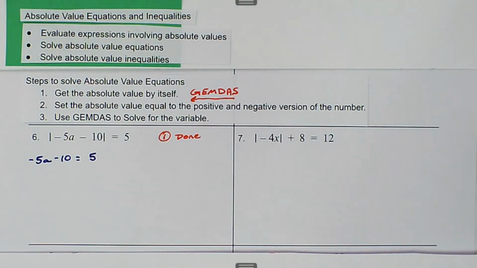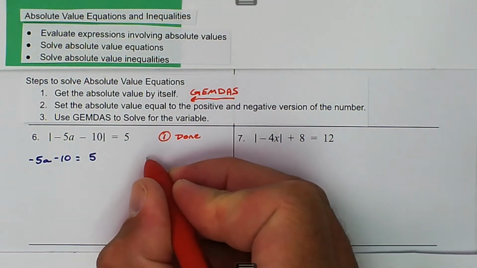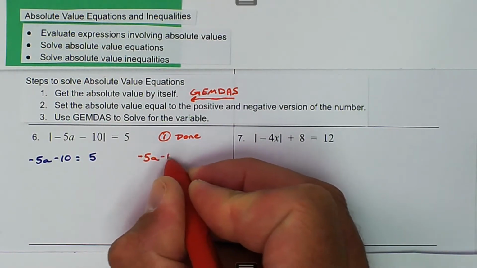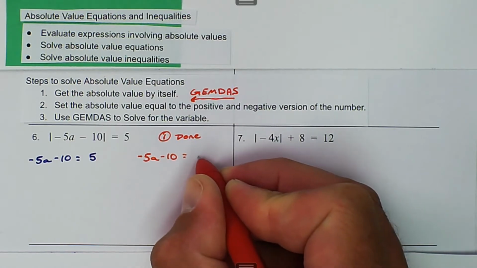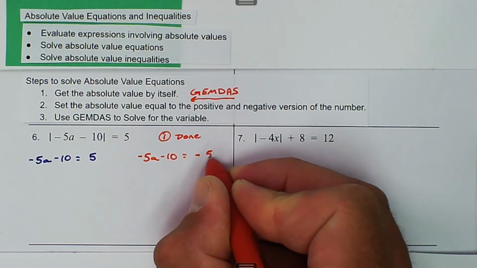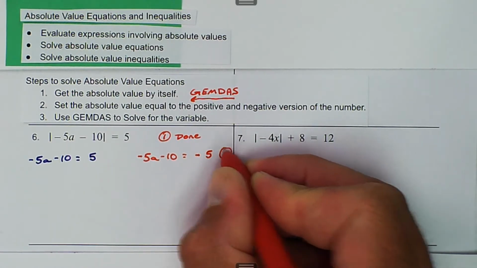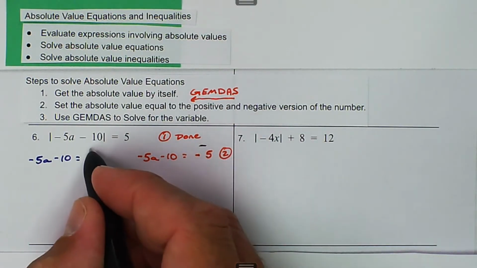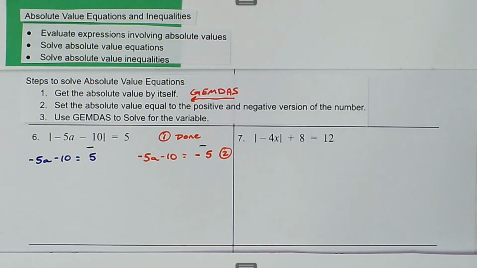And then we have to also set it equal to the negative. So then it's going to be the exact same thing. Negative 5a minus 10 is equal to, the only thing that changes is we make this a negative 5. So that's step 2. So step 2 was we got rid of the absolute value, and then we changed our solution. One is equal to 5, the other one's equal to negative 5.